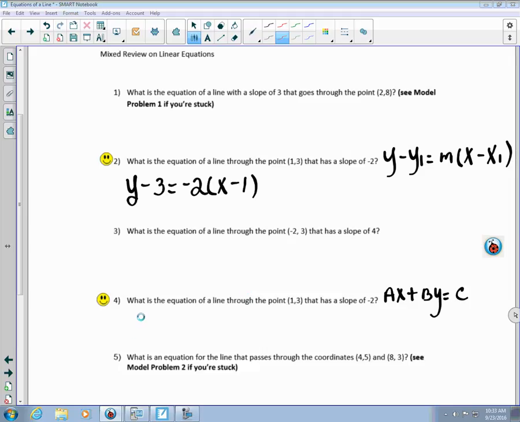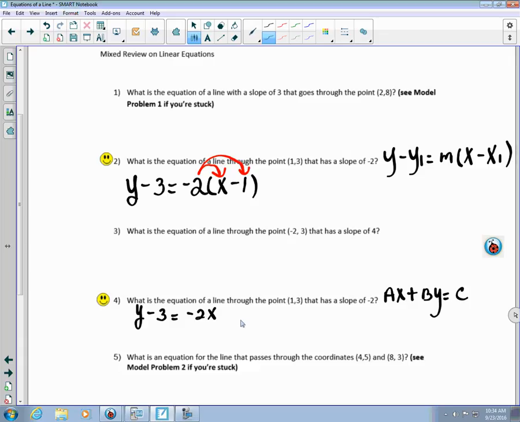Say that again. Very good. What do you do? What is the little arrow? Very good. You're going like this. We got to distribute. Very good. So we are going to distribute that -2. So this would be y minus 3 equals -2x, because -2 times x is -2x.